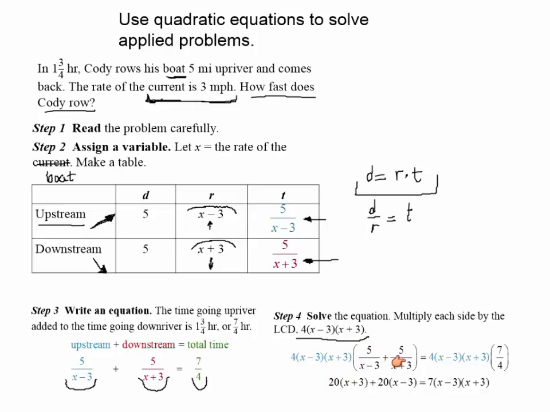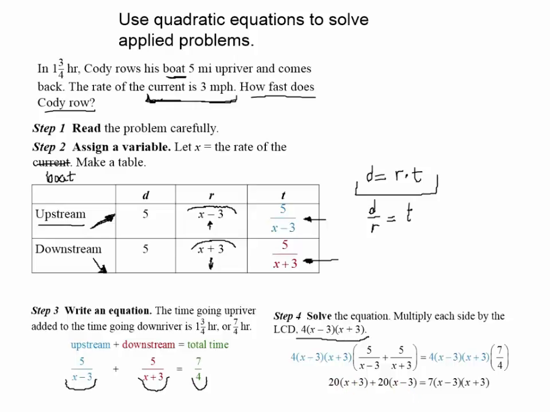If I multiply the LCD by the second term, x plus 3 cancels, and you get 4 times 5 times x minus 3, which would be 20 times x minus 3. And for the last term, the 4 cancels, reduces to 1. You would get 7 times x minus 3 times x plus 3. So you notice that we're simply multiplying each term by the LCD and we eliminate the fractions.